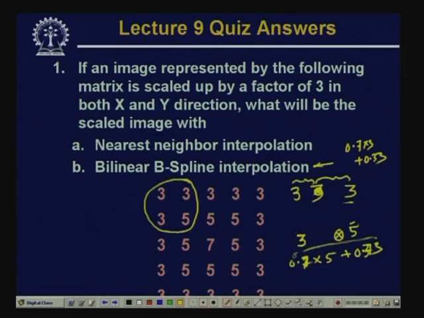If I compute this, I can find out the value at this particular location. Using a similar procedure, I can find out the values at all the points, all such blank positions, where I do not have any information in the transformed image.